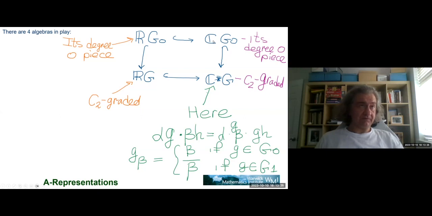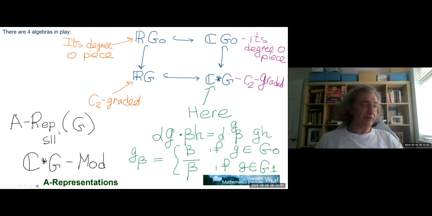And this is a complex algebra. And these two algebras are graded because there are pieces which belong to G0 and pieces that belong to G1, and this is the degree 0 piece. So essentially, by staring at this square, we get Dyson's tenfold way.